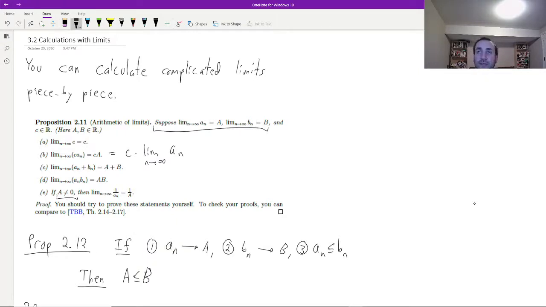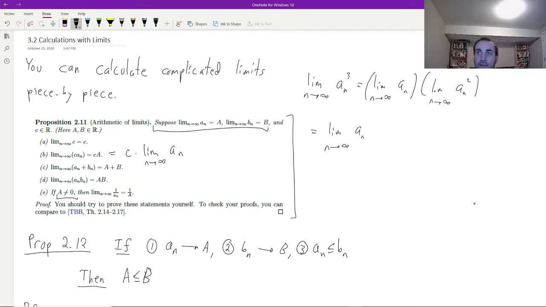So that's nice, and even nicer is that you can put these sorts of statements together to prove other related things. So for example, let's say we want to compute the limit as n goes to infinity of an cubed. Well, this is just the limit as n goes to infinity of an times the limit as n goes to infinity of an squared, which is the limit of an times, well, the same thing.